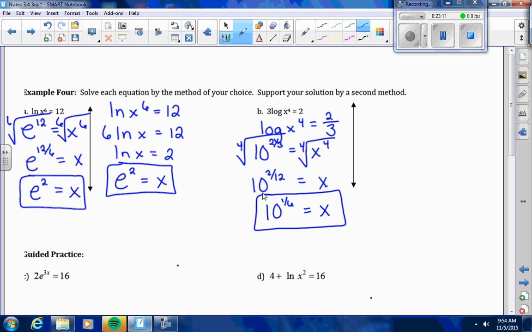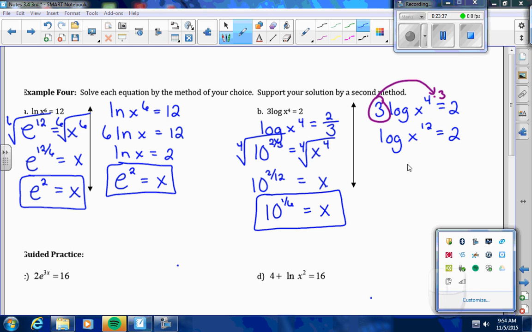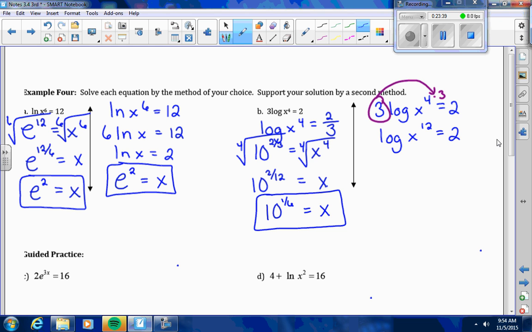Okay. Now, just like the other, I said there's another method. What do you think the other method's going to be in this case? Excellent. We're going to move that 3 to the exponent. So when that 3 gets moved to the exponent, it's times the 4 that's already there. So then you have log of x to the 12th equals 2. Now we change to exponential.